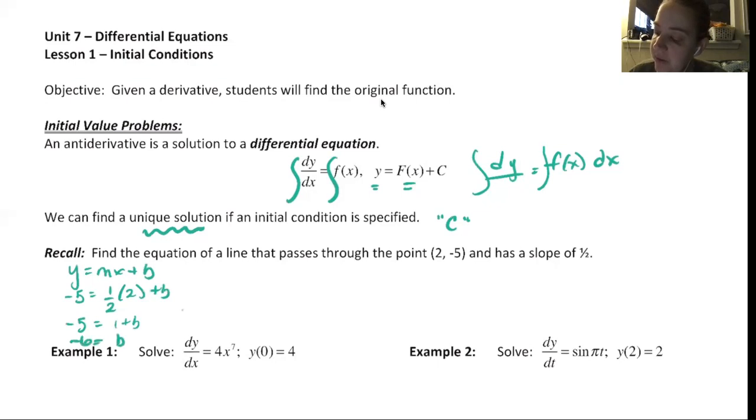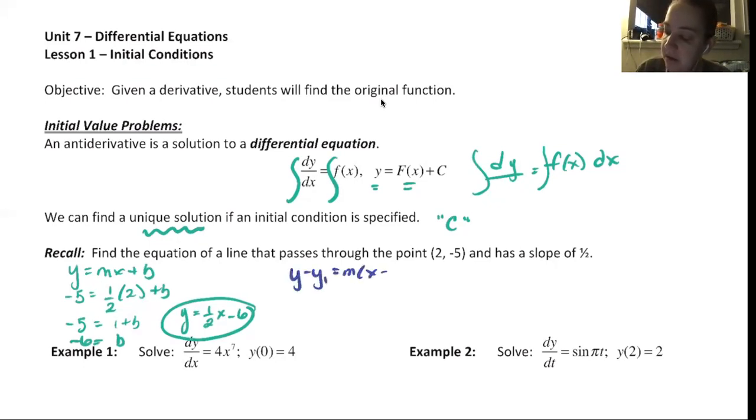So probably the first way you learned to do this was slope-intercept form, where you substitute the different values. So there's the equation of the line. And then we started to talk about point-slope form. Switch colors here. And in point-slope form, and we've been using that a little bit more this year, we know that y minus y1 is equal to m times x minus x1.